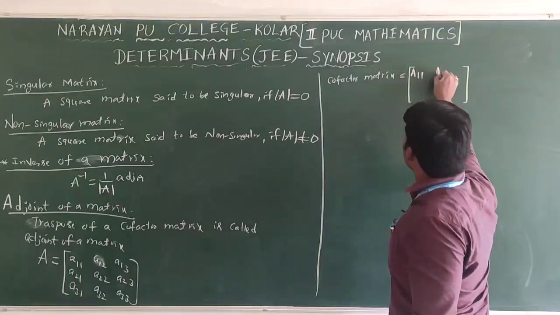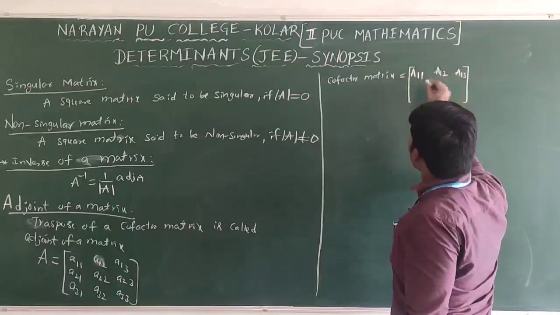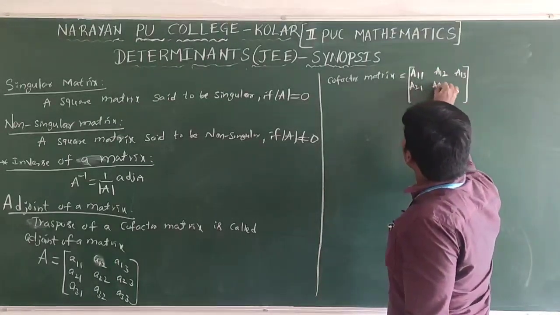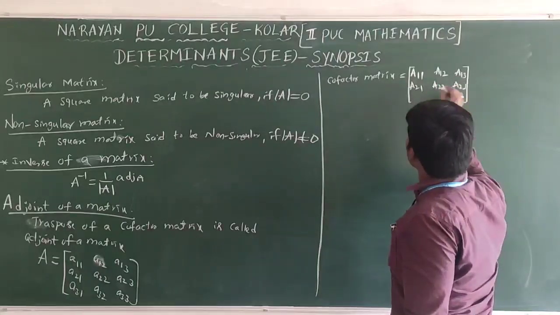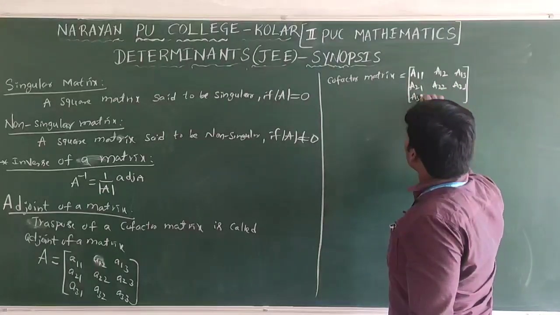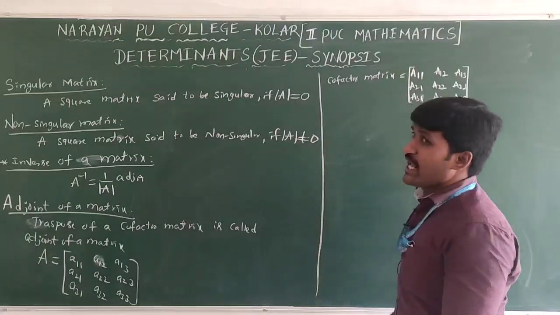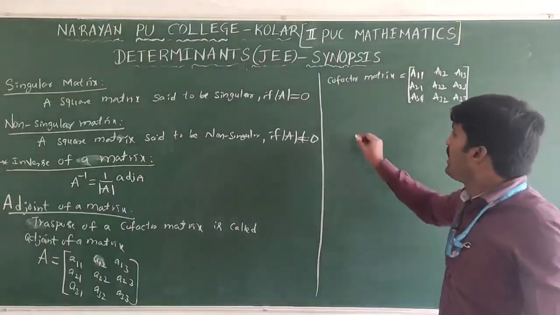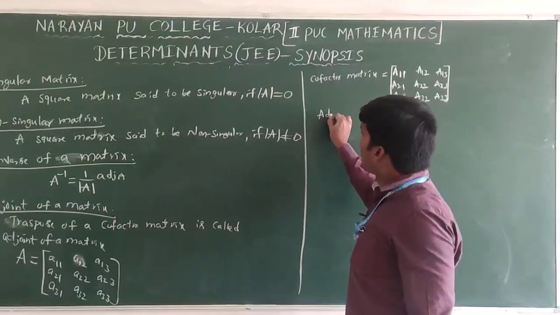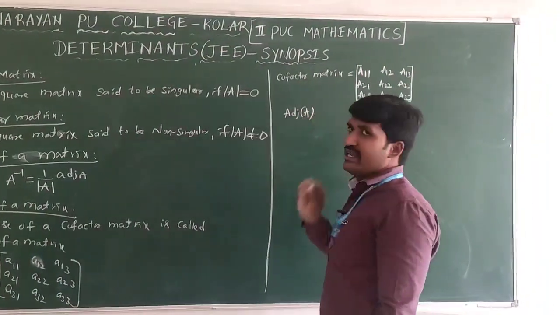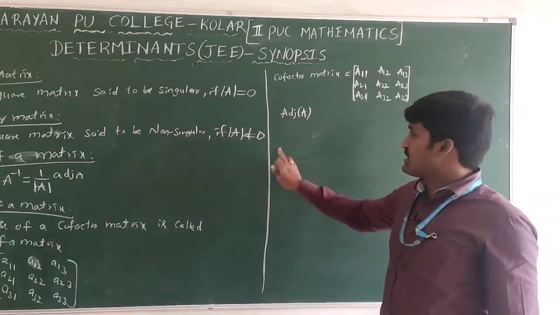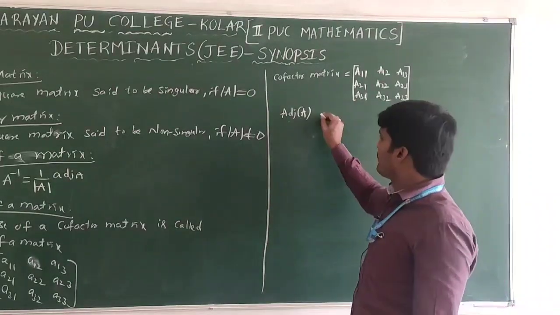Capital A11, capital A12, capital A13, A21, A22, A23, capital A31, A32, A33. If you apply transpose to this matrix, that is called the adjoint matrix. Adjoint of a matrix is denoted by adj A. This is the symbol for the adjoint of matrix A.